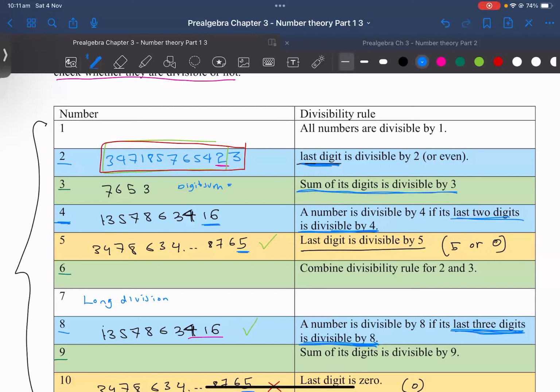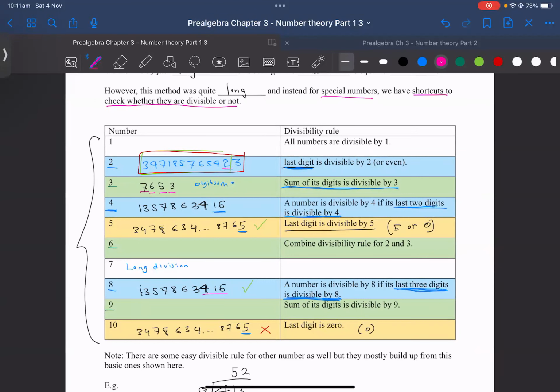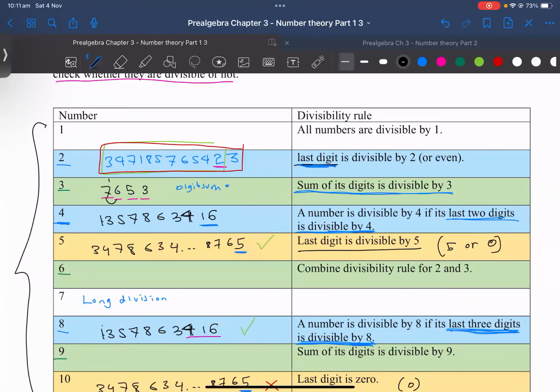So 7 plus 6 plus 5 plus 3: 7 plus 6 is 13, plus 5 is 18, plus 3 is 21. So it becomes 21. Is 21 divisible by 3? Yes, 21 divided by 3 is 7. Because the digit sum is divisible by 3, this whole number is also divisible by 3. That means 7653 is divisible by 3. Does that make sense?